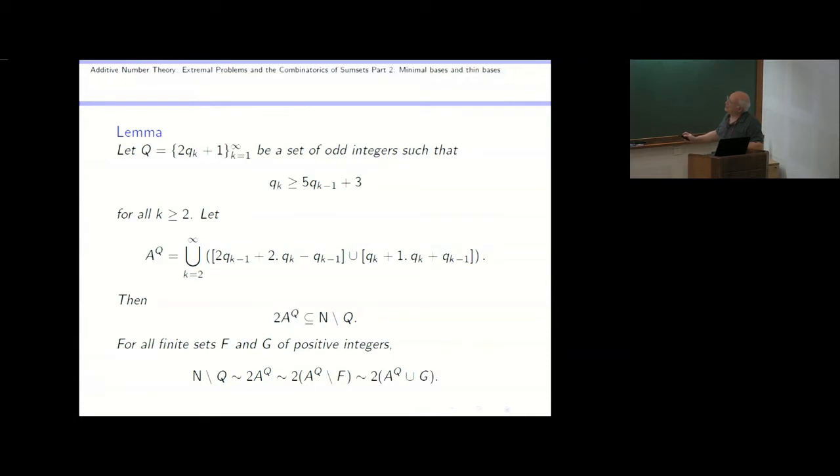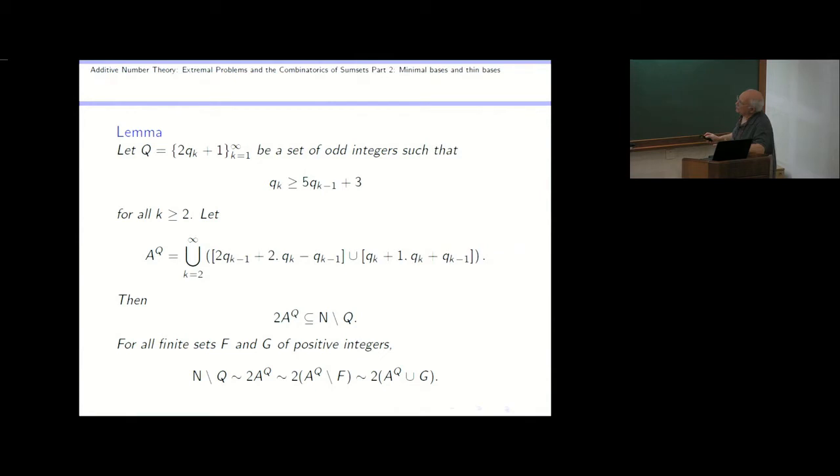And the idea is, if you're going to write the number 2q_k plus 1 as the sum of 2 elements, one will be at most q_k, and the other will be at least q_k plus 1, right? There's like a smaller one and a larger one. They're symmetric around the half. Now, I'm trying to construct a set where the sum set contains none of these numbers, but almost everything else.